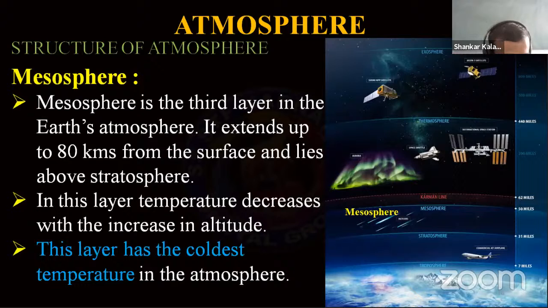Then the next point: in this layer, temperature decreases with the increase in altitude. I already told you, for every 16 meters toward the sky, the temperature decreases 1 degree Celsius.